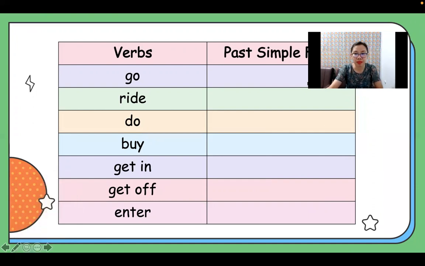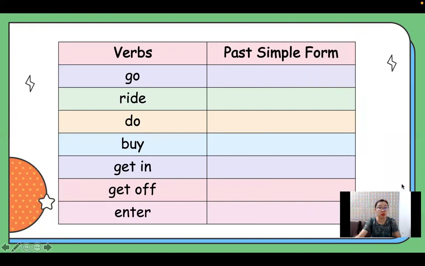Now let's go to our verbs for today. Earlier, in our vocabulary, we were talking about the amusement park, the rides, and the attractions in the amusement park. These are the verbs that we can use to describe when we go to an amusement park. So we have go, she might go to an amusement park.